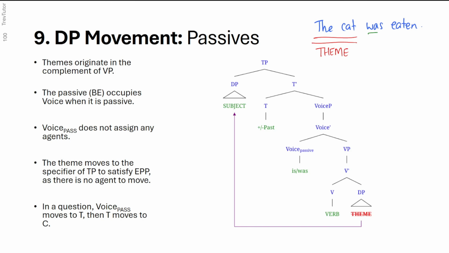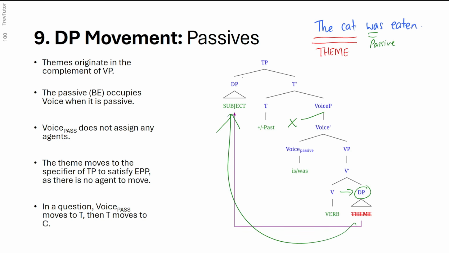Well, in these passive sentences, we say that the voice, when it's passive, doesn't allow an agent to generate. So there is nothing in the specifier of voice P that we can move in order to fulfill the subject role. Instead, what we need to do is take the complement of the verb, which is the theme, and we need to move something into spec TP to satisfy the extended projection principle.